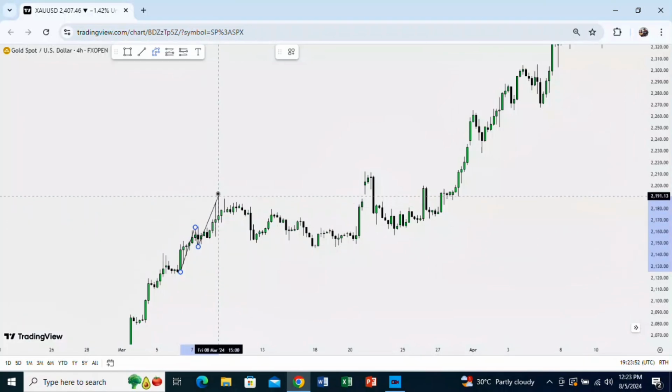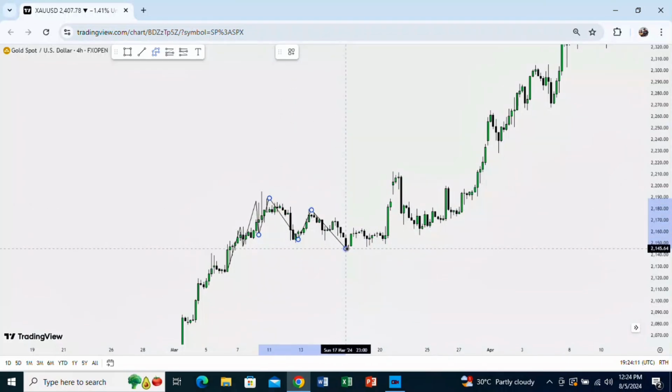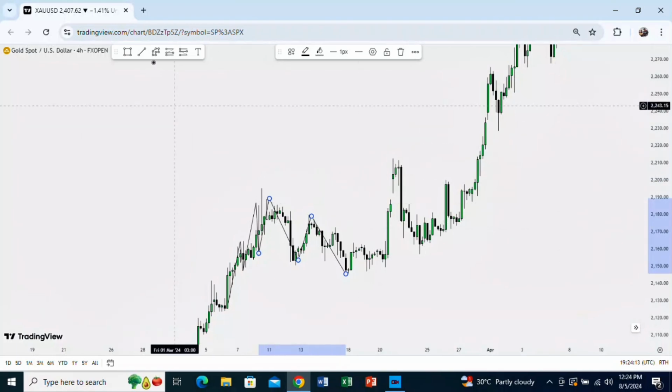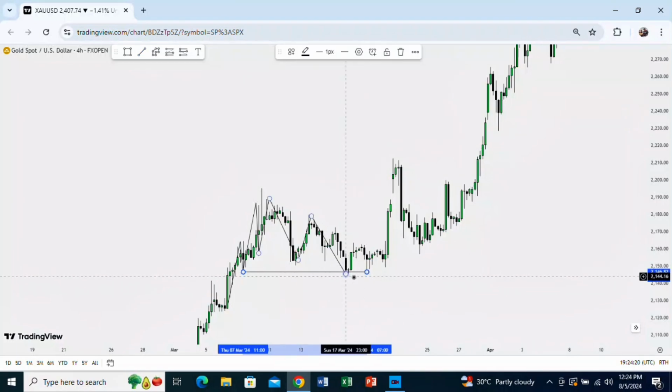Then it went up, and this was a low, and then price again went up, and then went down. Now you can see that this was a swing low that was made before sweeping the high, and here you can see that it is swept. The price went below this swing low. So now we got an IDM.